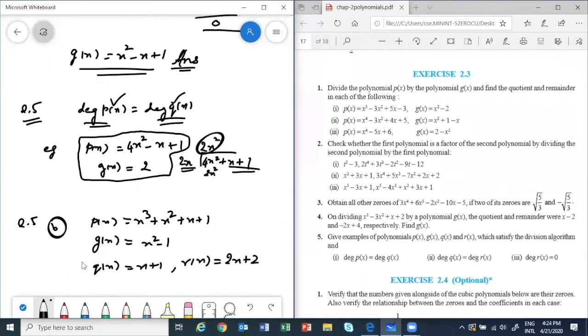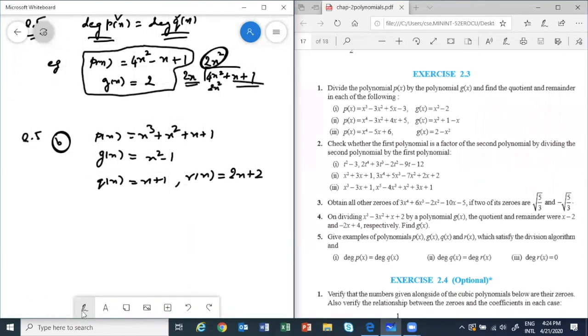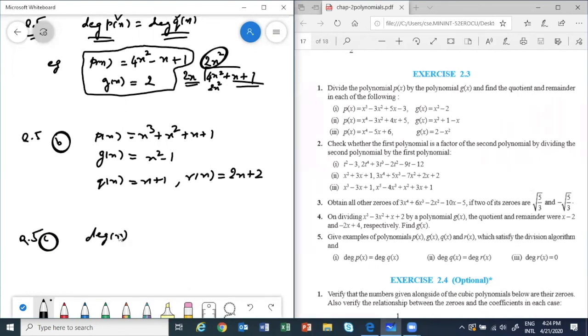And the last one, degree of r(x) is 0, means the remainder's degree is 0. When is the degree 0? When it is a constant. If the remainder is a constant, degree is 0, no? So we want degree of r(x) equal to 0. So we can take this example. Means the remainder should be only some constant.